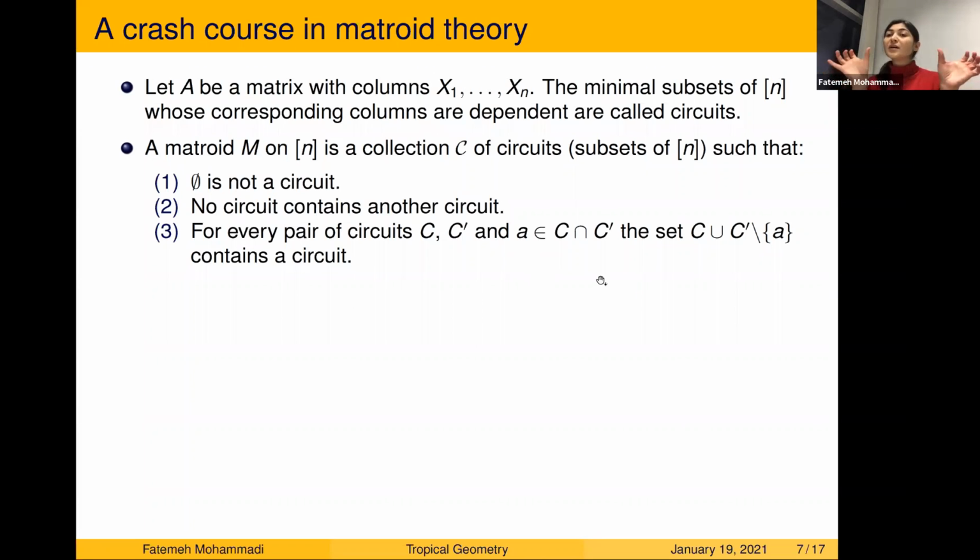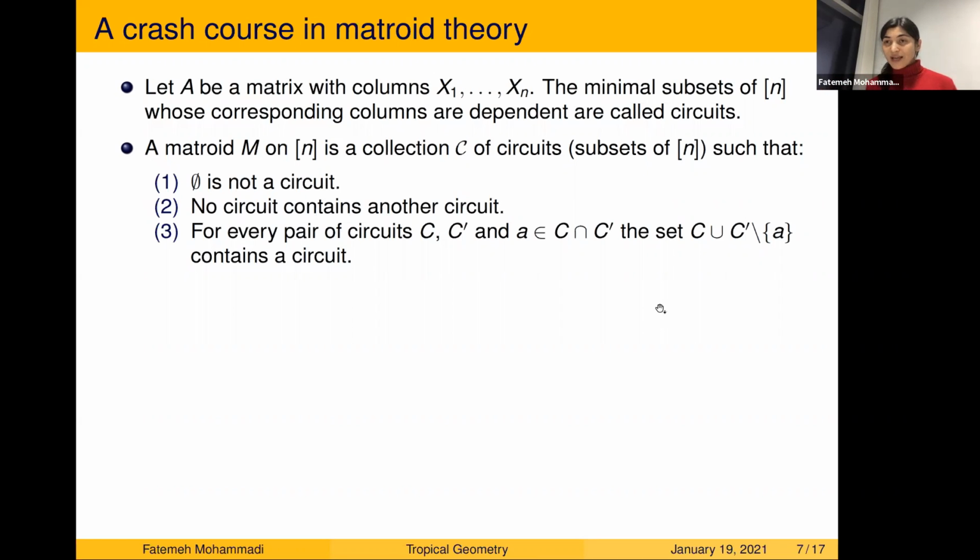So now I have two linear equations that have this column A in common. I can set these equations equal and remove A. So A is canceled, and you find a new dependency. This dependency could be minimal, so then you already have a circuit, or it could be non-minimal, so then it contains another circuit. This union contains a circuit. Is it clear? Please let me know if you want more examples.